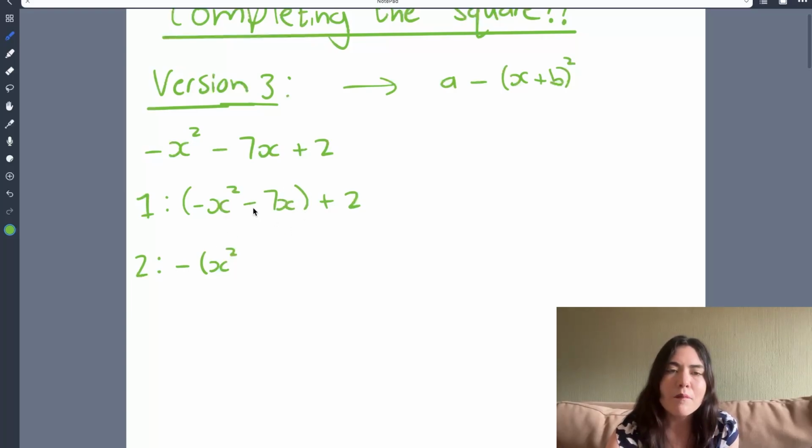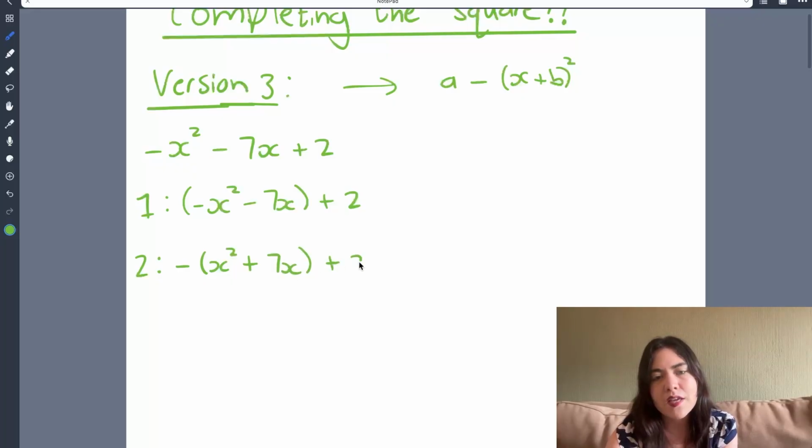Now, when I take a minus away from a minus, it's going to change the sign in the bracket. So whenever you factorize out a negative number, it changes the sign in the bracket. So because it was negative 7x, it's now going to become positive 7x. Now, I see a lot of people forget to do this, so make sure that you're really, really concentrating when you are doing this step.